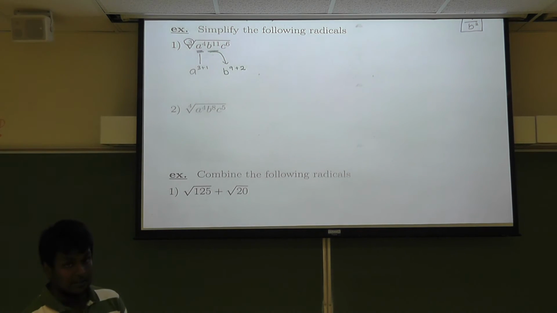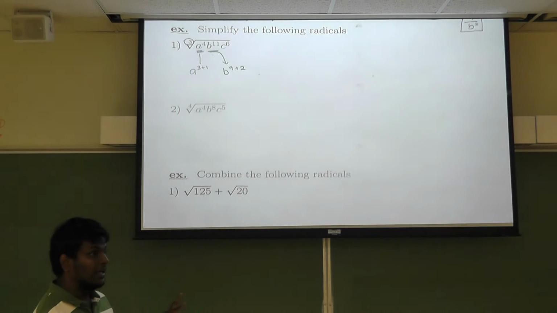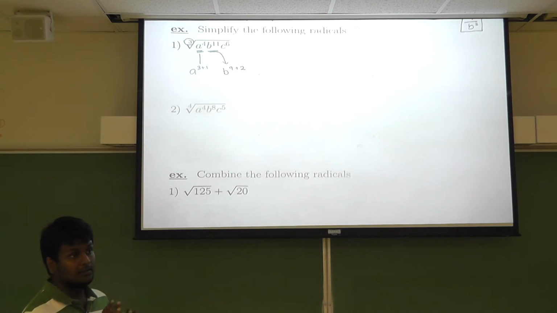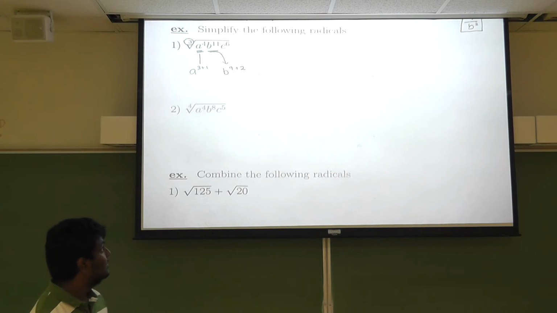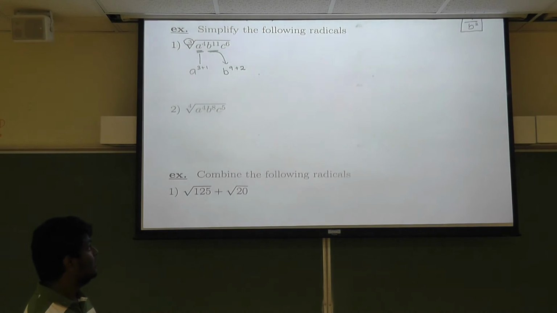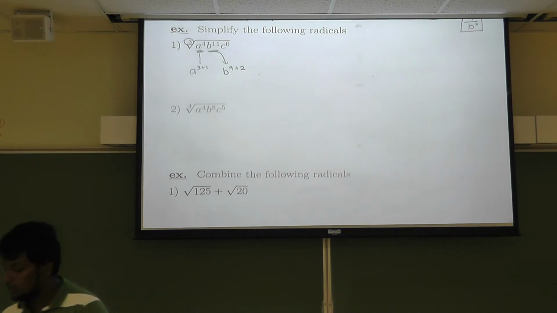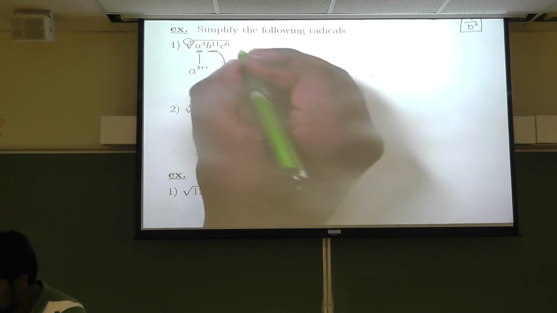What you're doing here is making one portion a multiple of 3 and the other just the number that's remaining. I could have done 6 plus 5, but 9 is bigger than 6 and 9 is the optimal number I can use here. And c to the 6 is just c to the 6.